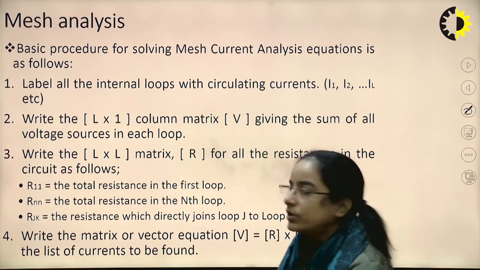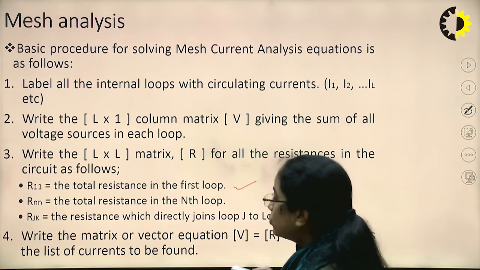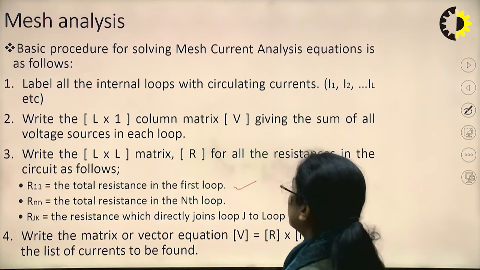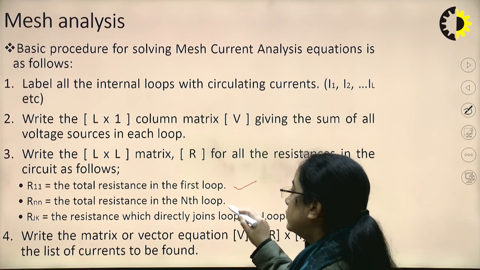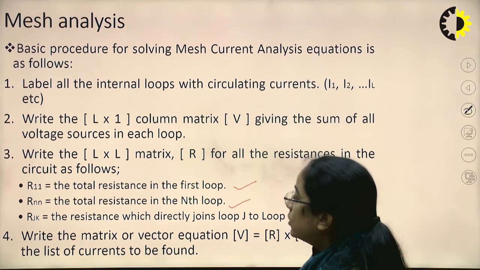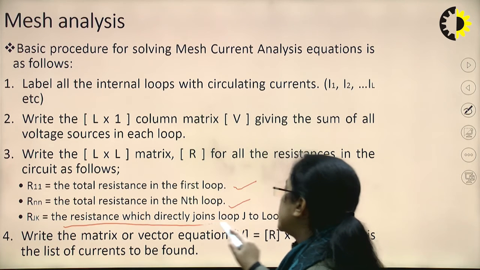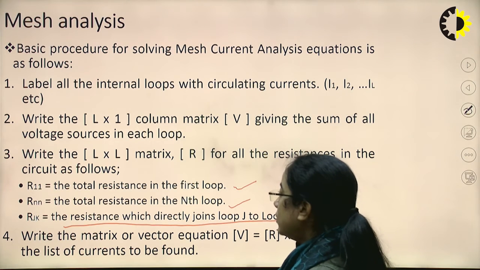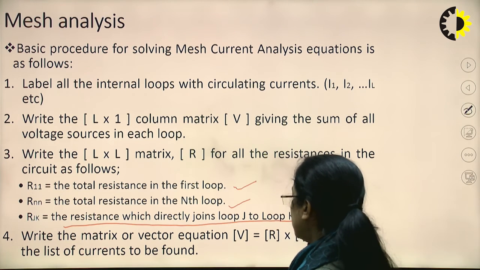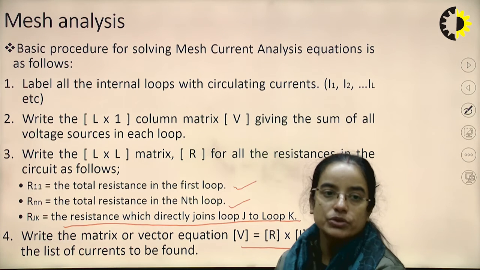R11 is the total internal resistance of the first loop, and so on. Suppose there are 3 meshes, RNN is the total resistance of the nth loop, and RJK is the resistance which is directly joining the 2 loops. So write the vector equation V equal to R into I, then solve the equations.